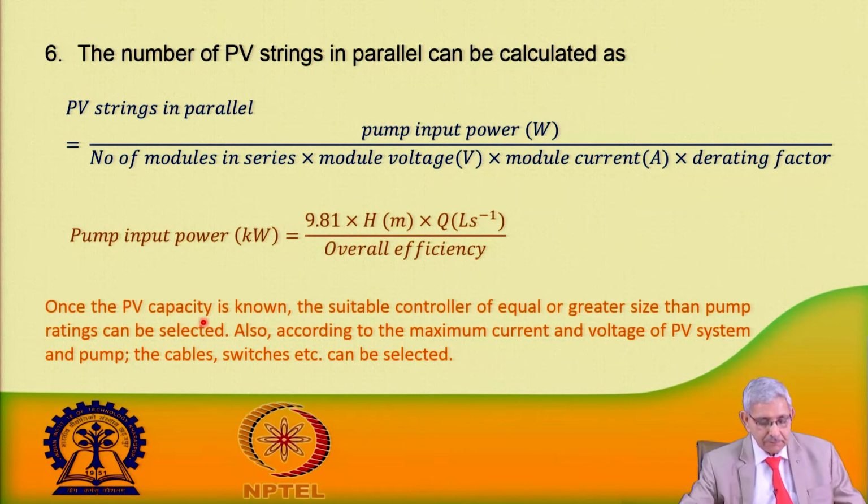Once the PV capacity is known, a suitable controller of equal or greater size than the pump rating can be selected, and according to the maximum current and voltage of the PV system and pump, the cable and switches can be selected depending on the field requirement.